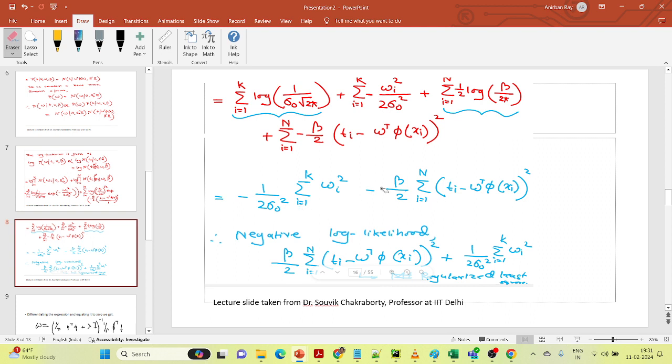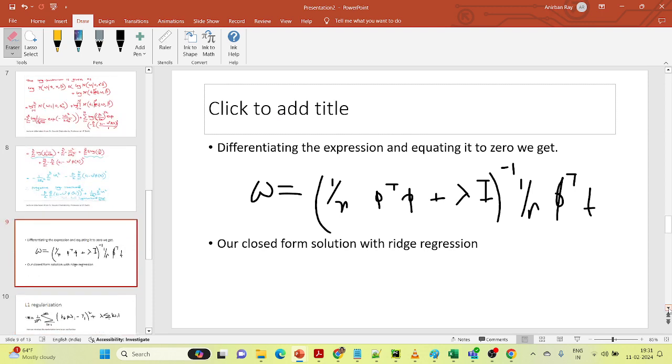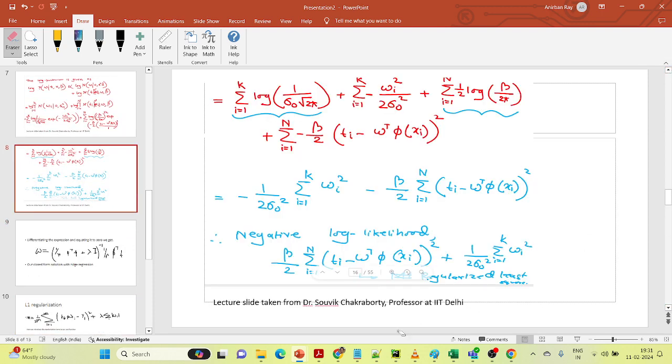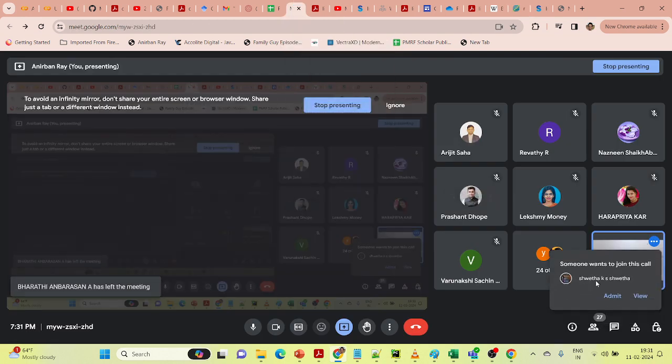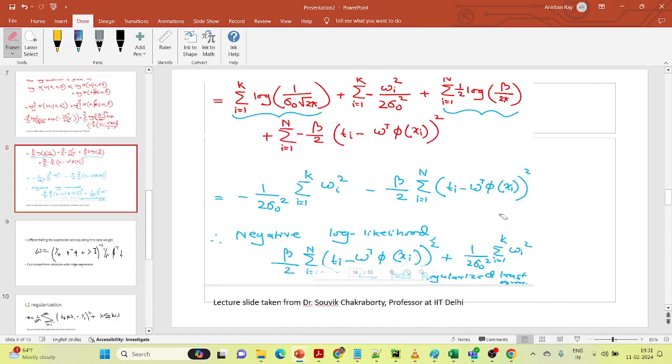So you can see that we have reached the regularized form of the cost function.